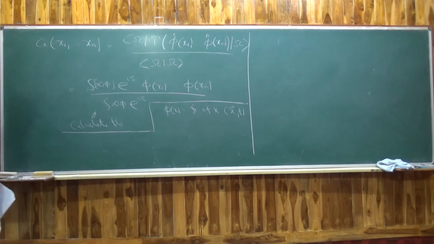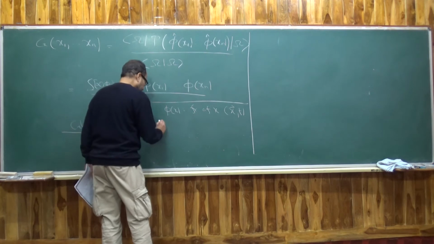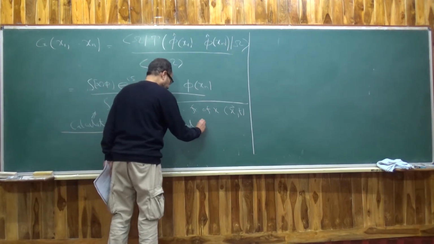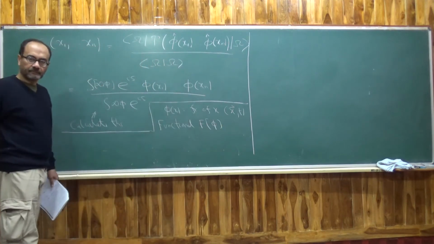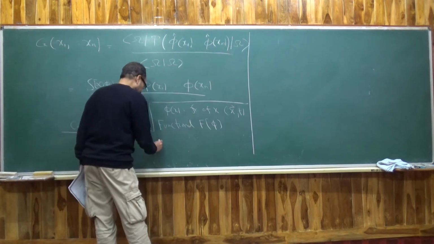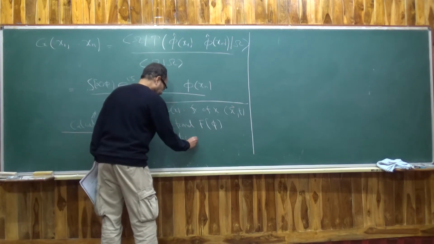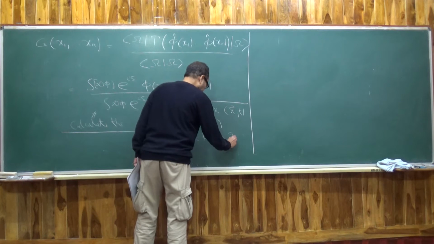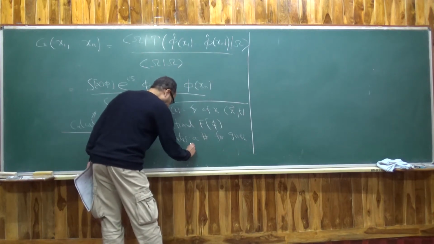Then a functional F of phi generates a number for a given function phi of x.